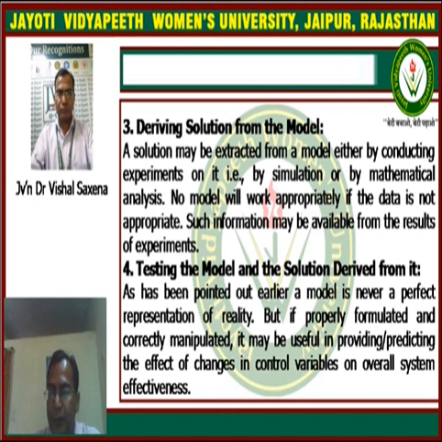As we all know, the model is not 100% true to reality, but if properly formulated and correctly manipulated, it may be useful in predicting the effect of changes in control variables on overall system effectiveness. So when we make a model or find a solution, it should be correctly manipulated, and the formulation of the problem is very important and should be done very properly.